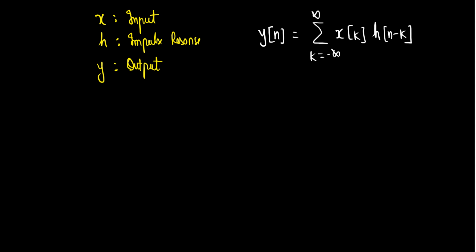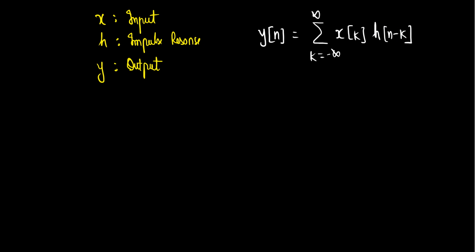Now if we have h here, let's concentrate on h. Here h is an impulse response, whereas x is the input. This operation simply takes the signal h, the impulse response, and flips it.